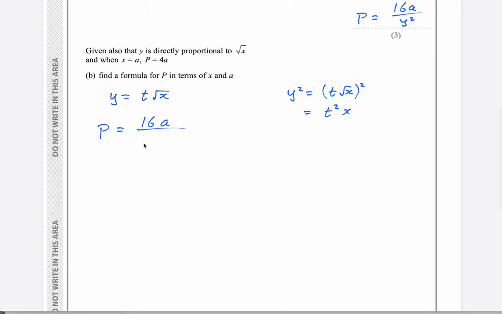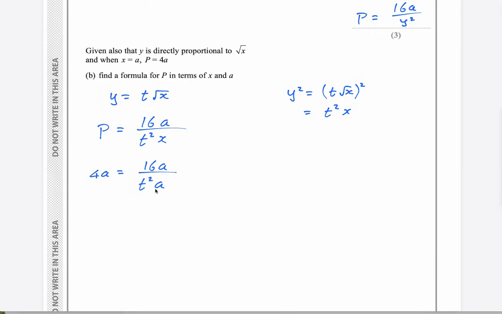So P is equal to 16A over T squared x. Okay, now he says when P is 4A, so let's sub in 4A for P. 16A is still just 16A, and T squared is what I'm trying to find at the moment, and x is A, he says it here.